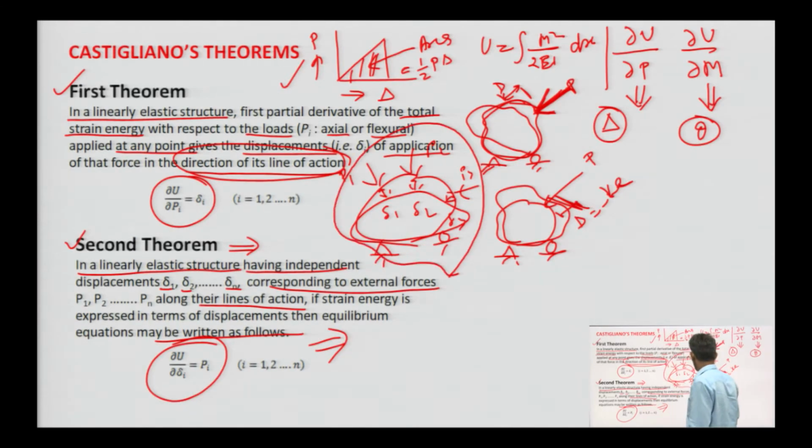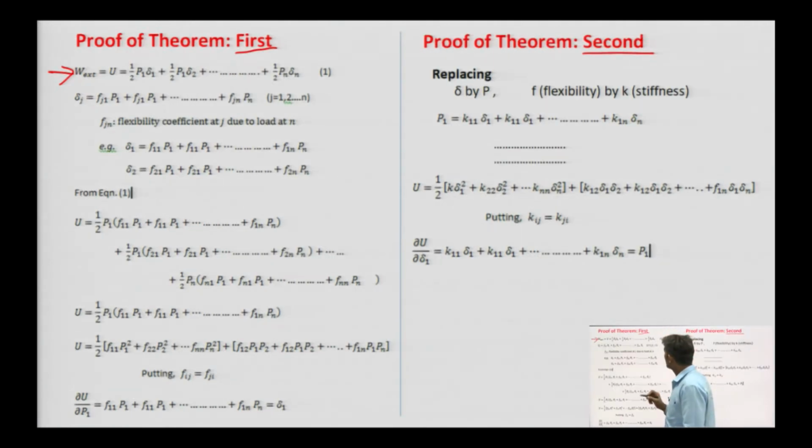Consider this example: a set of forces P 1, P 2 and so on are acting, and del 1, del 2, del 3 are the displacements along P 1, P 2, P 3. So, this is the external work done. Let us represent the value of displacement.